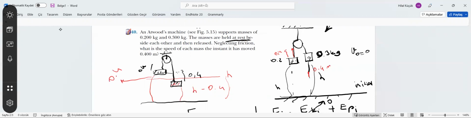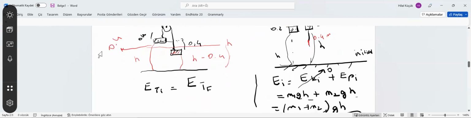Say this is M1, this is M2. I am writing its height. M1 height is H minus 0.4, say H1 final.